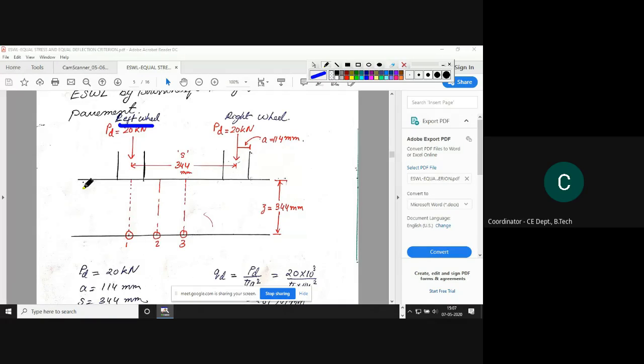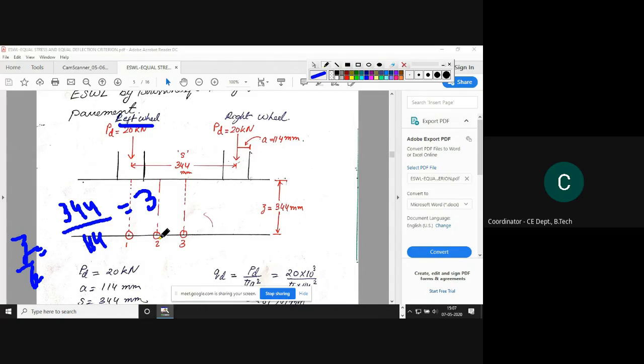This first point is at a depth of 344. And z by a will be what? The depth of this first point is 344, and a is 114. After calculating, we see it comes out to be 3.